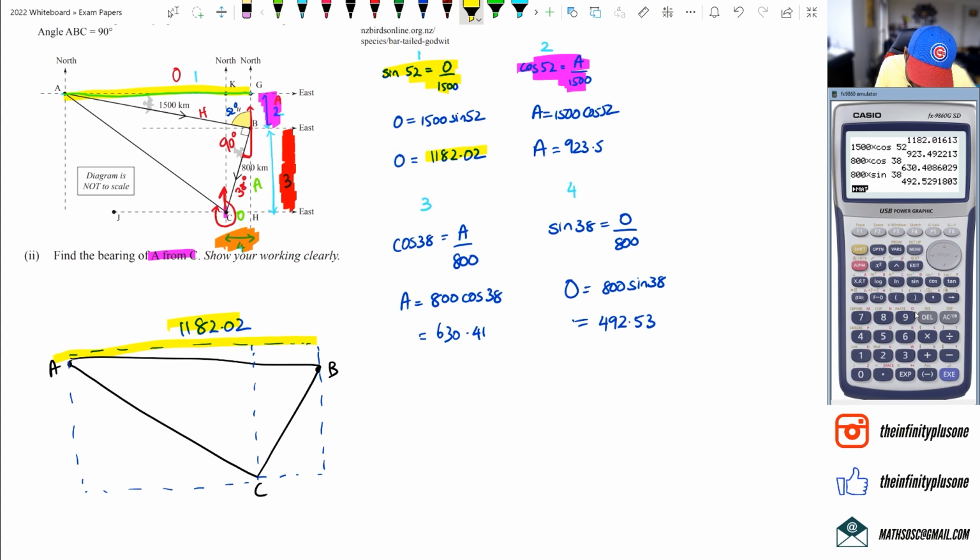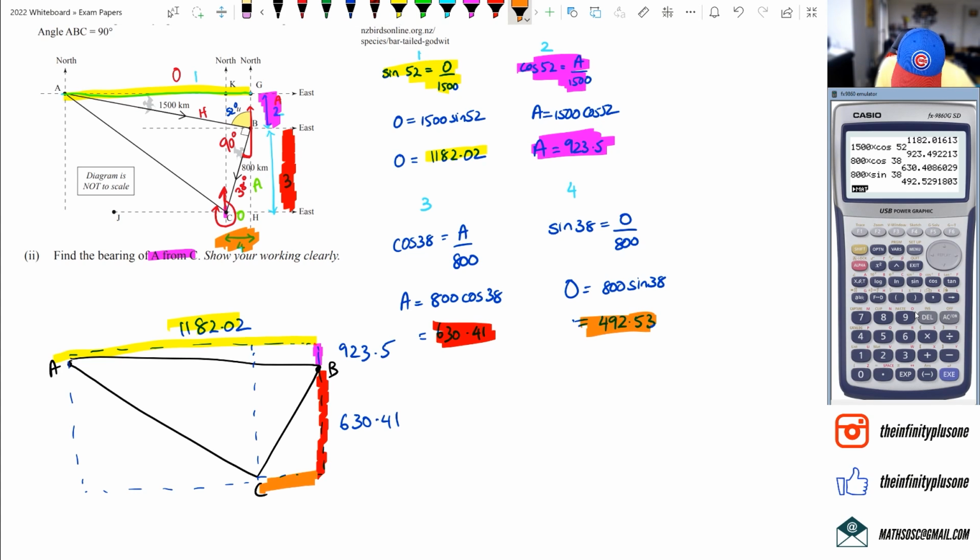Next we've got our pink line, which is 923.5. Then the red line, number 3, which is 630.41. And finally, our orange line, which is 492.53.